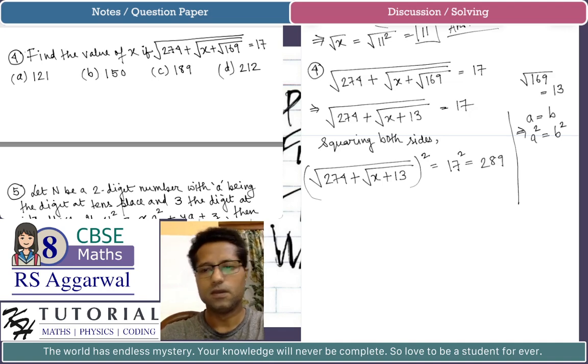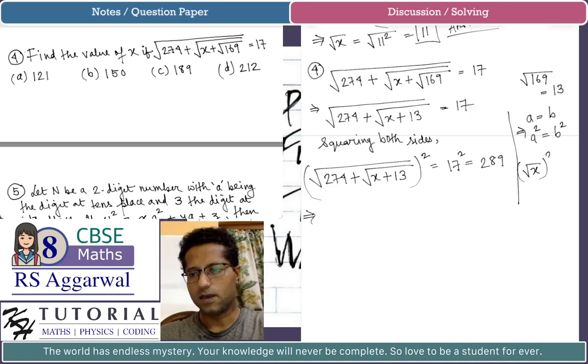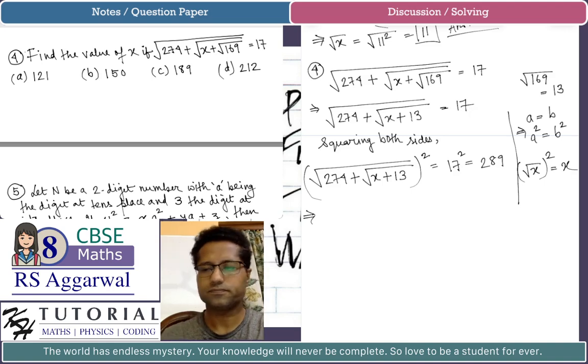Now the left hand side, we know that if you take the square of a square root of a number, it is equal to that number itself. That is, I am squaring the square root of x. This will be equal to x.